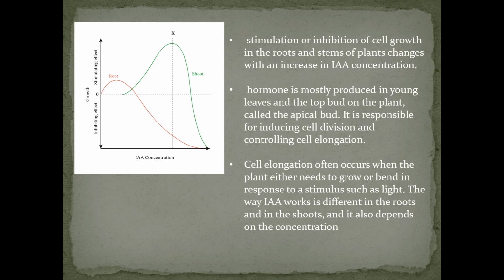The hormone is mostly produced in young leaves and the bud on the plants, called apical dominance, and is responsible for inducing cell division and controlling elongation also. For cell elongation, the plant either needs to grow or bend or respond to a stimulus such as light. The way IAA acts differs in the roots and the shoots, and is also dependent on the concentration.